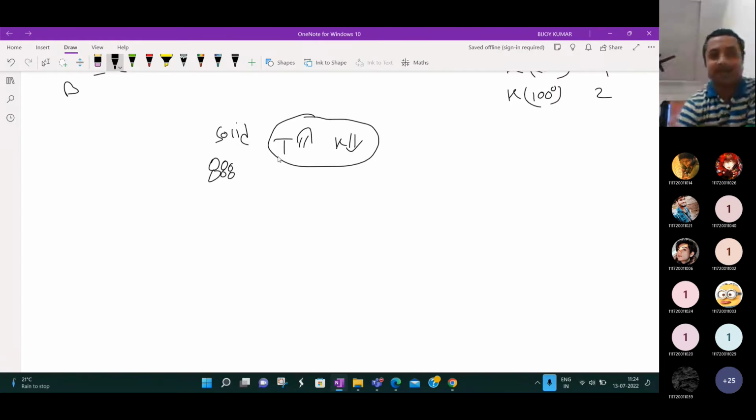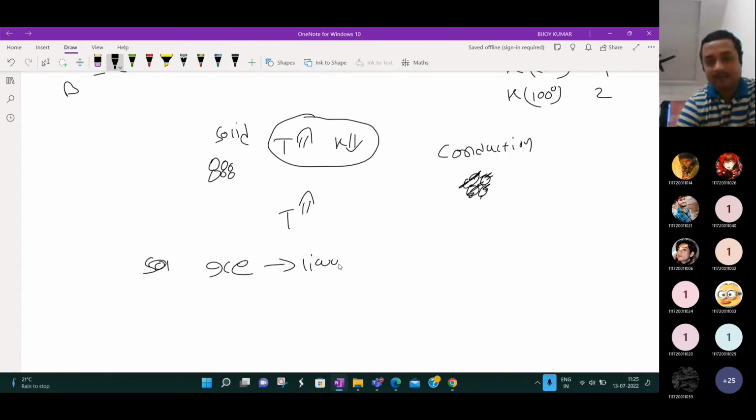First thing, what is the mode of conduction? Due to molecular vibration only, yes or no? Yes, sir. Now think, if you increase the temperature of an object, say solid ice, then liquid, then gas, how is it changing after changing the temperature?